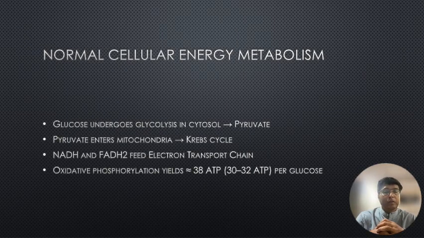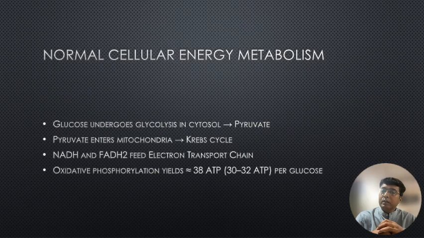Here you know that there are three key enzymes. Number one, hexokinase or glucokinase. Number two, phosphofructokinase, and number three, pyruvate kinase. In glycolysis, two ATP is generated.